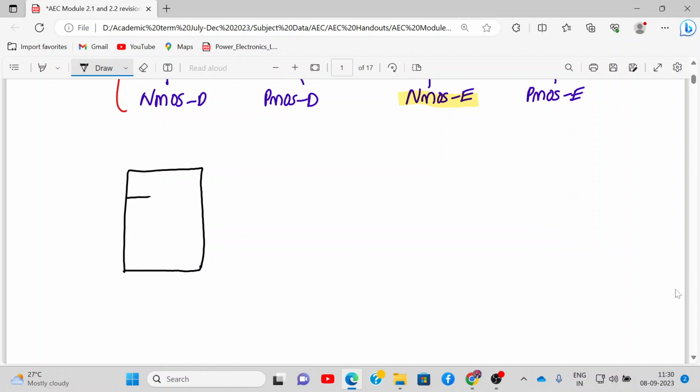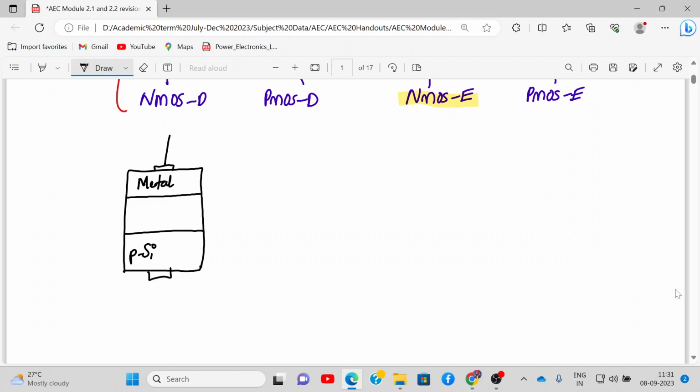Let's say that you have this metal layer, this is my metal, and then you have an insulator in between, and here we have P silicon substrate, and here we have metal.